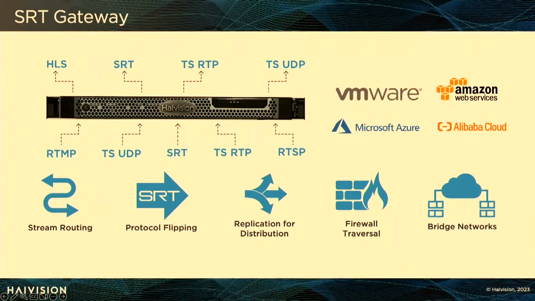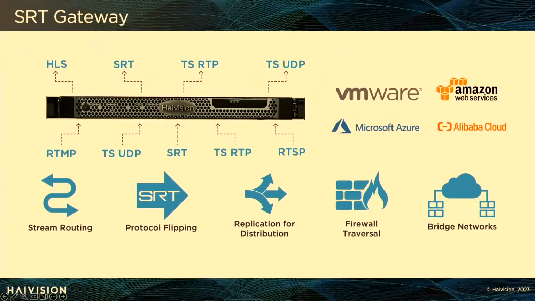We have a solution called the SRT Gateway, which is capable of receiving all your program feeds at the same time. You have no limit on the number of feeds, and distribute it to multiple destinations over IP. So it's called SRT Gateway. It's a solution which can be either hosted physically in your premises, in your teleport, in your headquarters, for example, but it can be also hosted in the cloud.